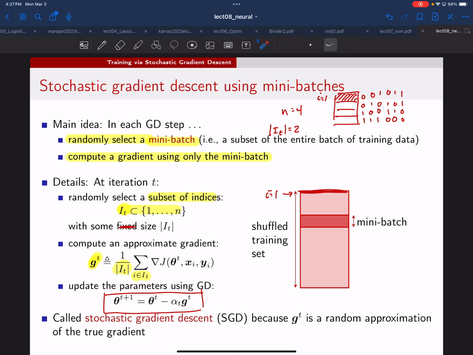Now let's say I'm drawing these at random, and I want to know how many contain i equals 1. As you can see, half of them do. How many contain i equals 2? Again, half of them. How many contain i equals 3? Half of them, and so on.